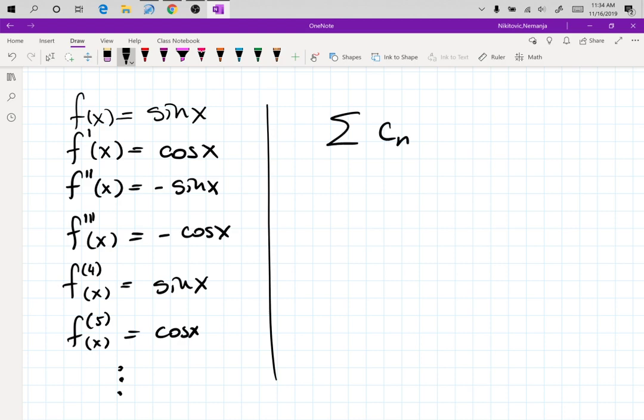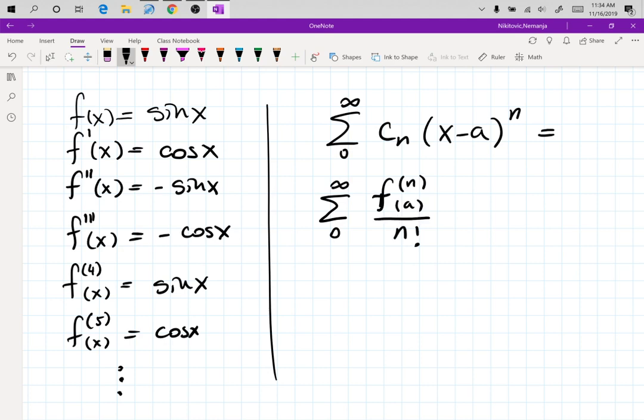Summation of c_n times (x minus a) to the n from 0 to infinity is going to be equal to the summation from 0 to infinity of f to the n computed at a divided by n factorial times (x minus a) to the n.